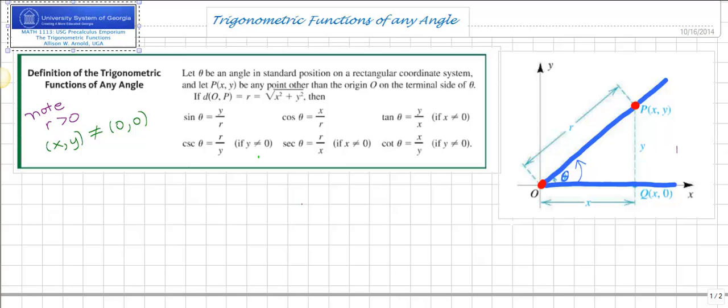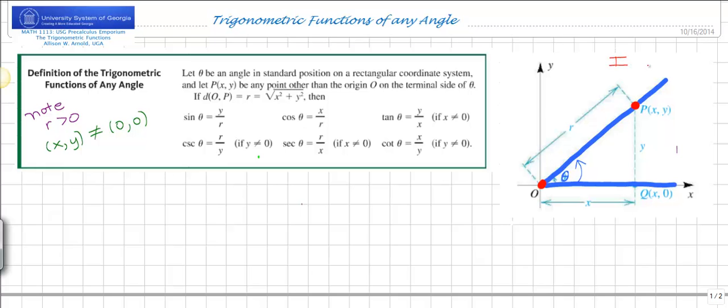I also want you to notice for me that if the terminal side of the angle is in quadrant 1, then the ordered pair (x, y) would have to have both x and y coordinates positive.